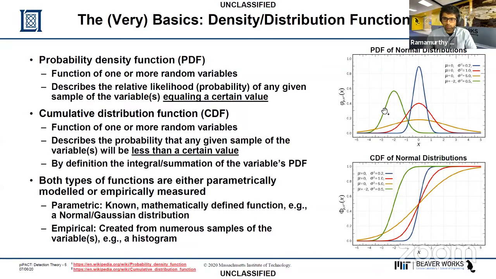The green curve is the CDF for this same green curve for the PDF. And you can see here that on the left side of the distribution, where there's values that don't have very high likelihood, the CDF says that the likelihood that a value will be one of these values or less is relatively small.